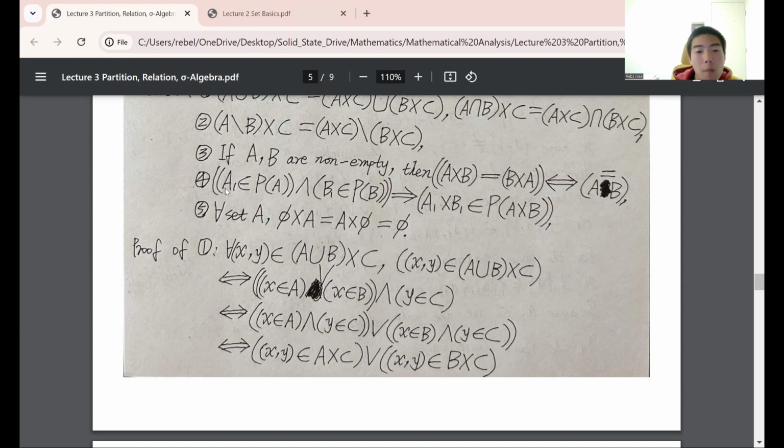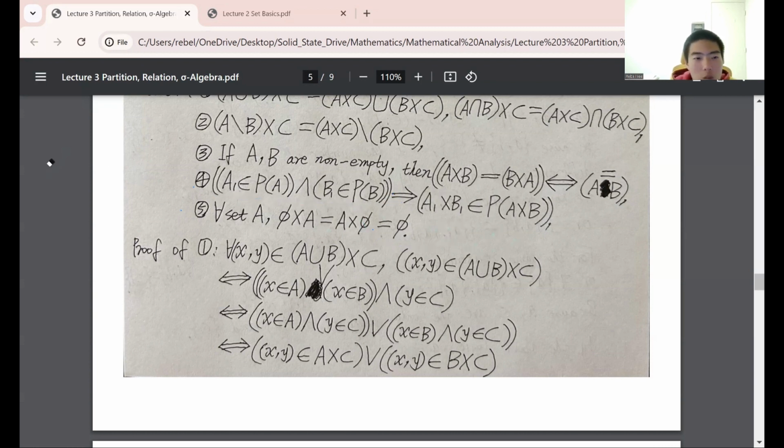First suppose A1 belongs to PA, and B1 belongs to PB. Then the Cartesian product of A1 and B1 is in the power set of the Cartesian product of A and B. How to prove it? Because it's not if and only if, we don't have this sign, so we just need to assume this is right and prove that is right.